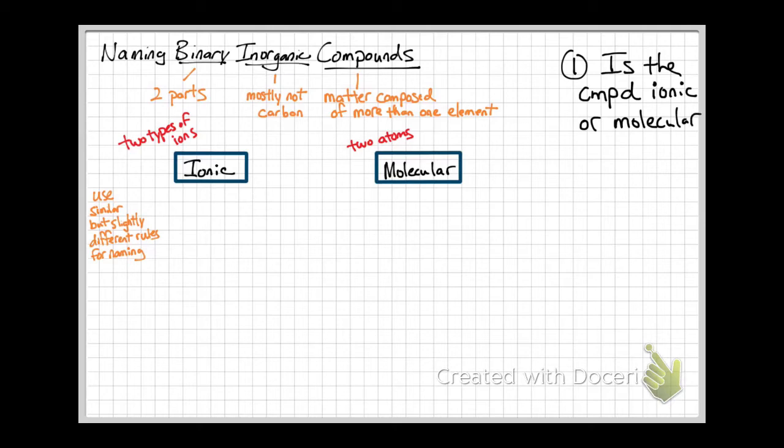So as I mentioned, one of the first steps in naming these compounds will be to be able to recognize whether the compound is ionic or molecular. And we talked about that in previous parts of the course. But in general, ionic compounds, you will see, are made up of a metal and a nonmetal element, whereas the molecular compounds will be made up of only nonmetals.